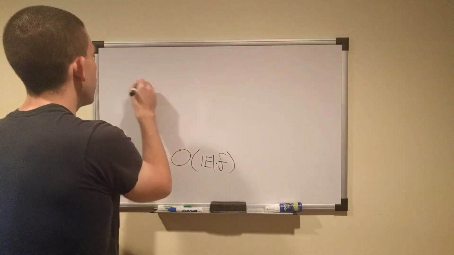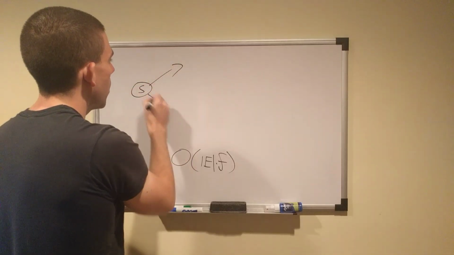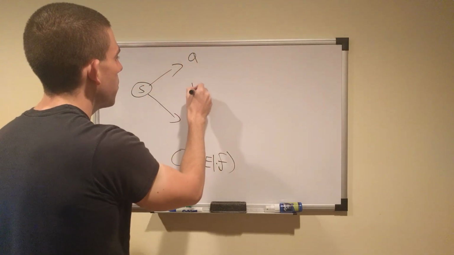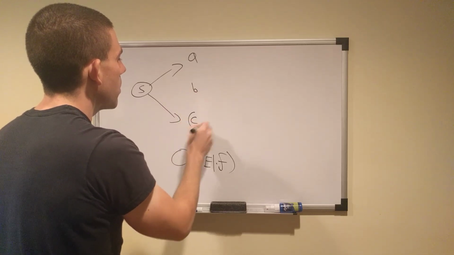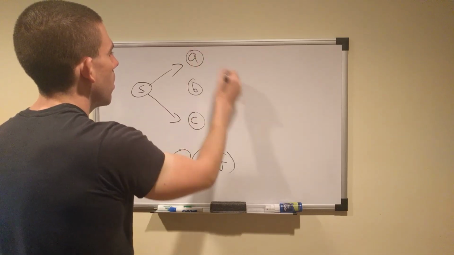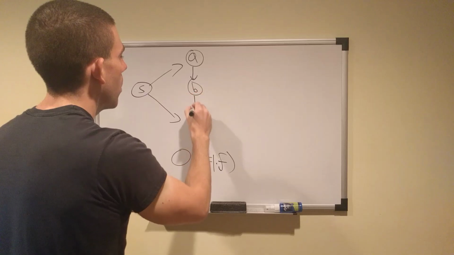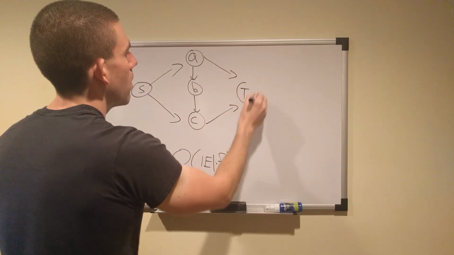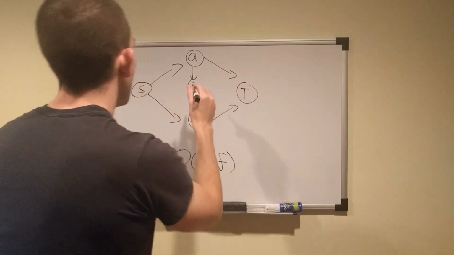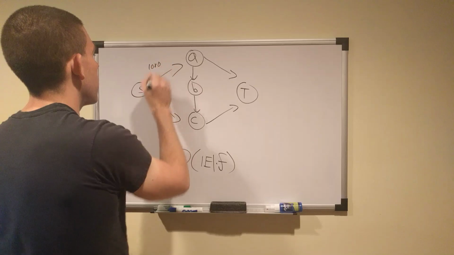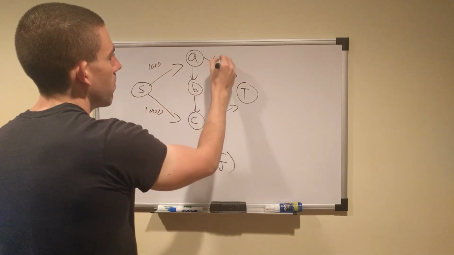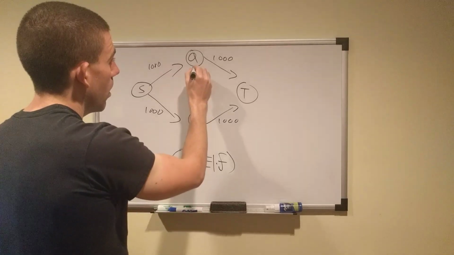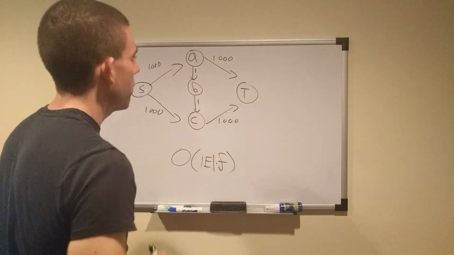Let's say we have a simple graph with A, B, C, and our sink node over here. We'll give these capacity 1000, and we'll just give these capacity 1.